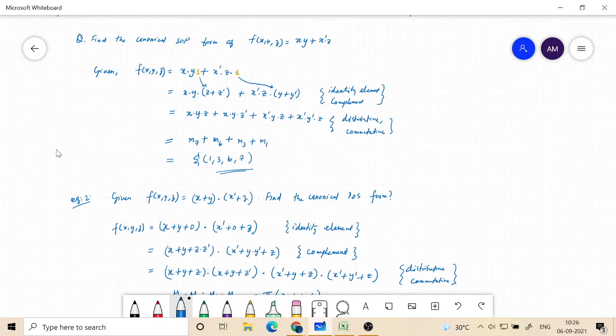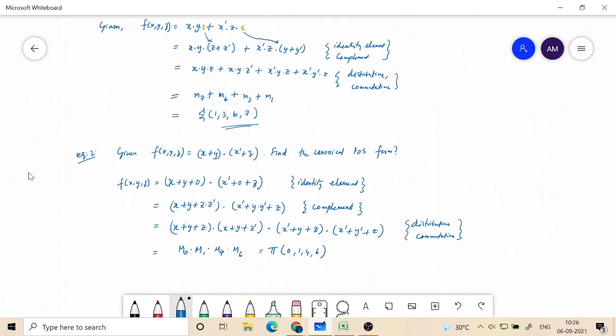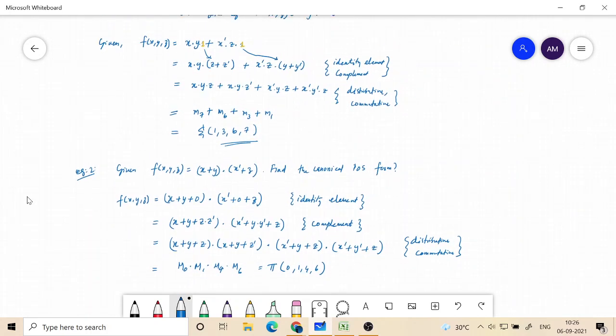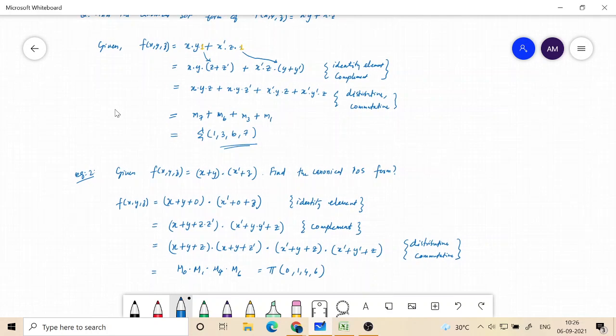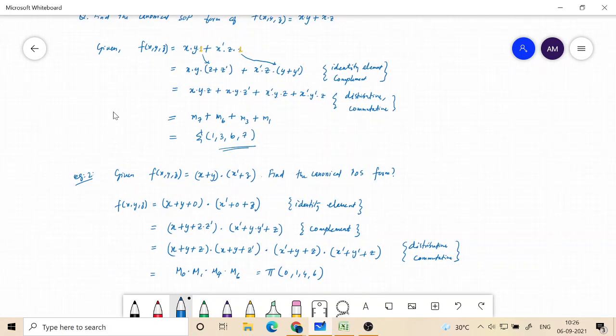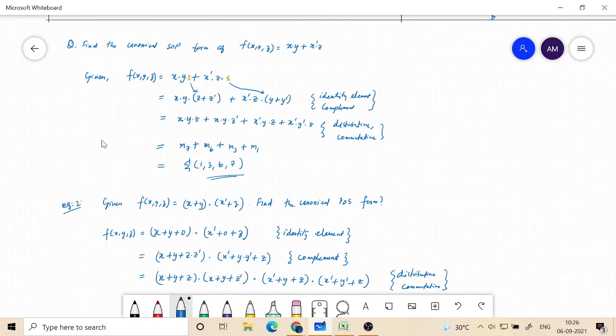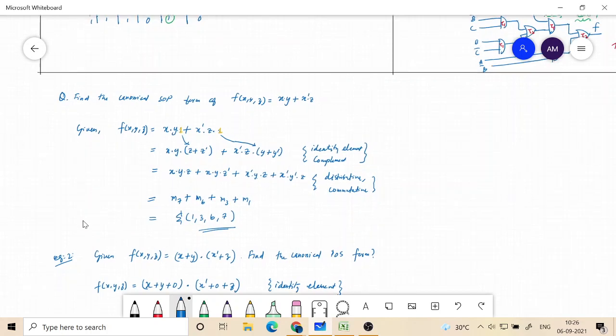So from canonical form to standard form we go by the simplification approach. The opposite way to go, we insert zeros and ones, and then we try to bring the literal which is absent in each product term or sum term.